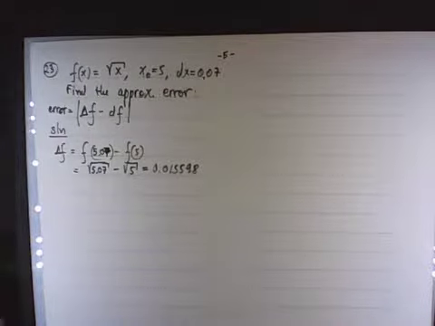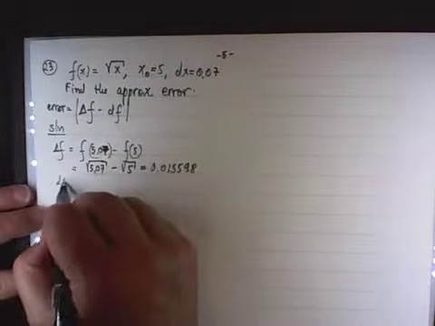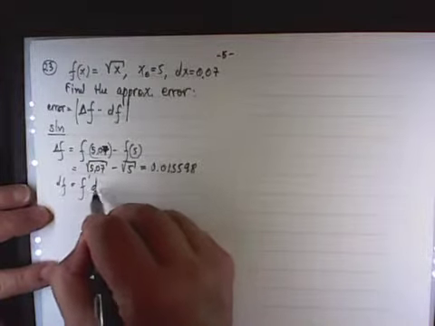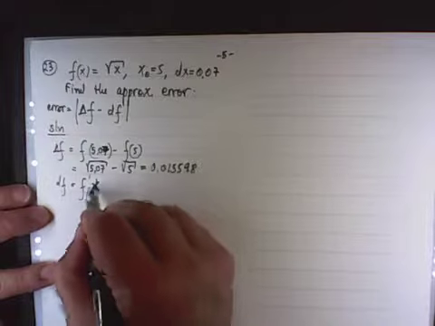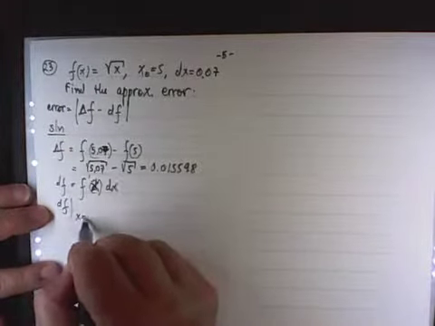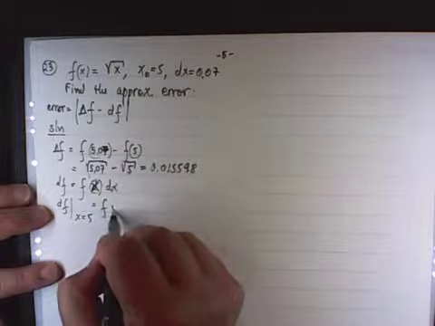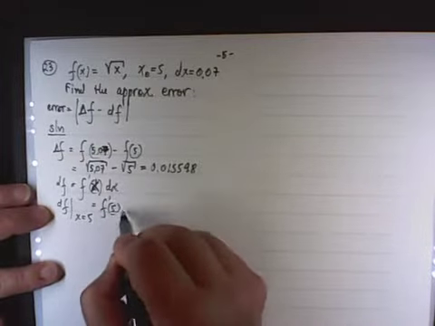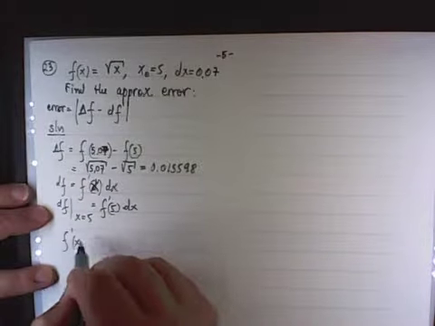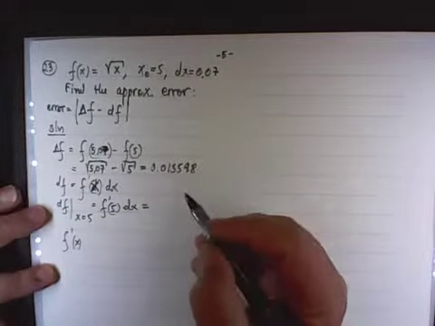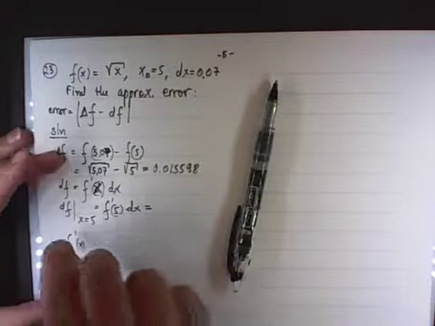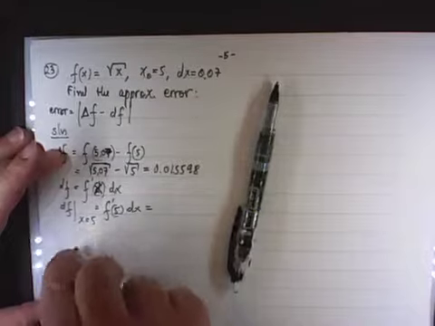The easier one is the differential. df is f prime of x times dx. And df, when x equals 5, is f prime at 5 times dx. We know f prime of x is 1 over 2 square root of x, so we don't need to write it again.